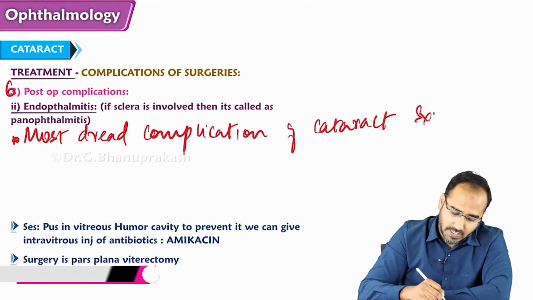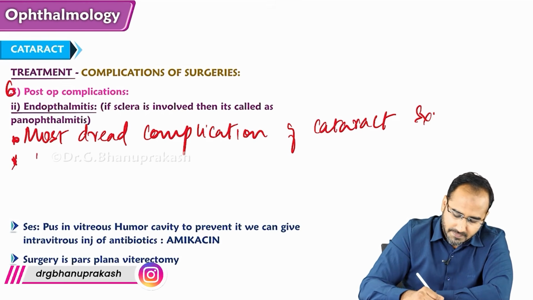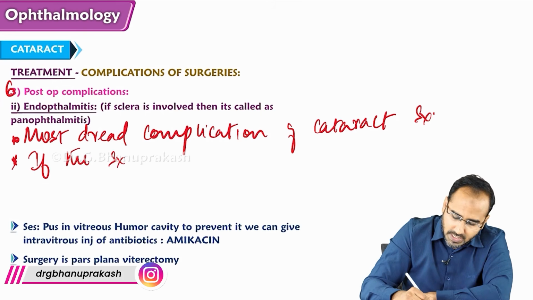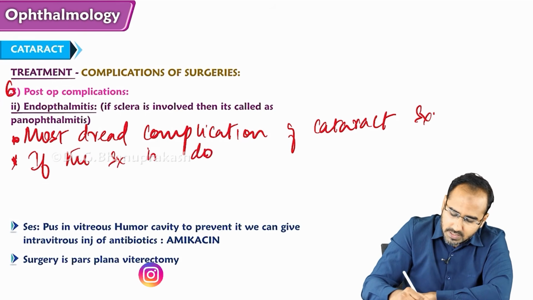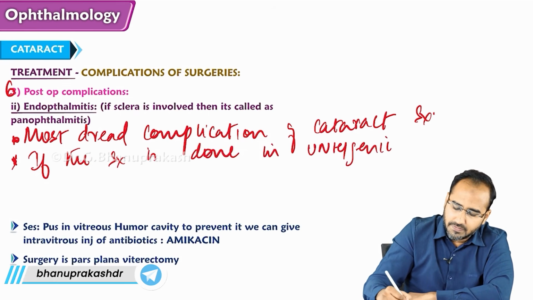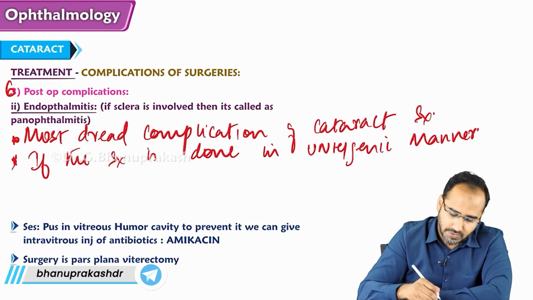Why is it seen? It is seen if the surgery is done in an unhygienic manner. If the surgery is done in an unhygienic manner, you will see this endophthalmitis.